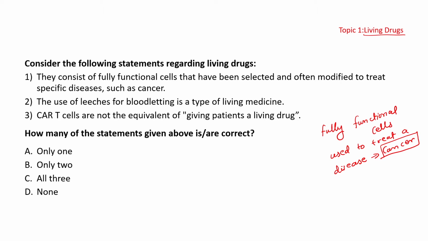What this particular therapy does, this particular immunotherapy, now remember this term, immunotherapy. What is immunotherapy? Immunotherapy basically is when you build up the immune system of the body. Living drugs are one of the ways in which immunotherapy can be built.